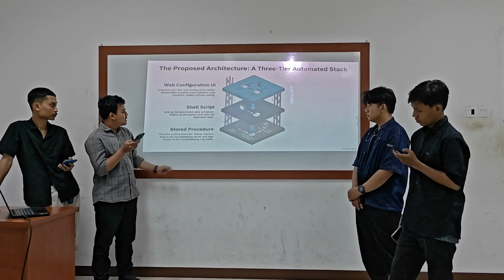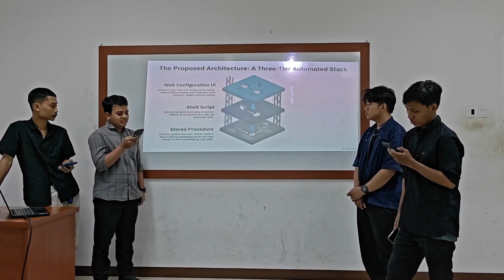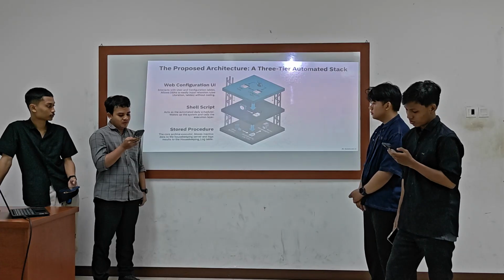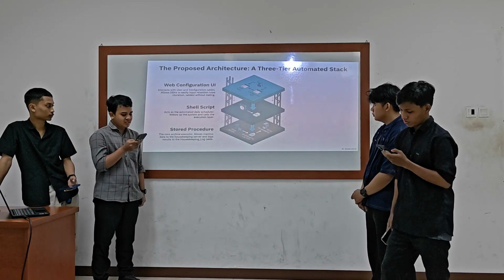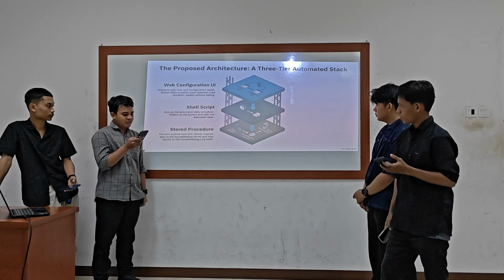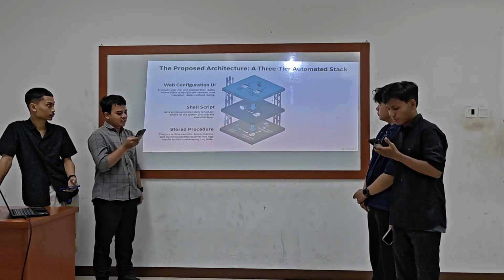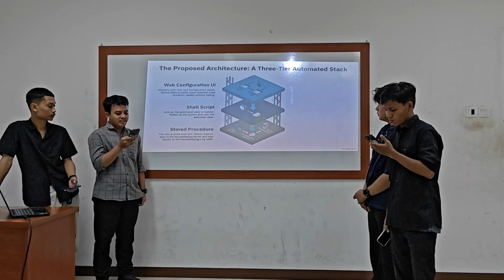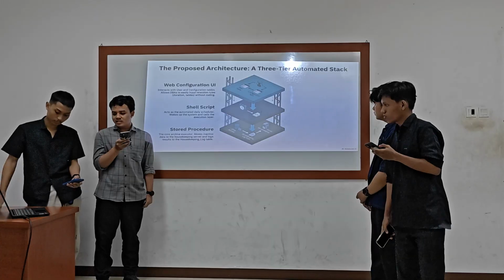The third layer is the stored procedure. This is the execution engine where retention activities are processed directly inside the database in production. Together, the three layers create a flexible and maintainable architecture for automated data retention. Now let's move to slide 7.